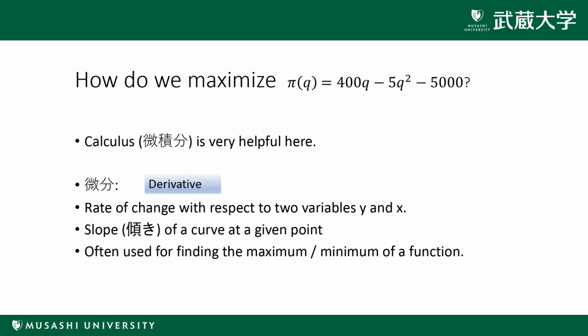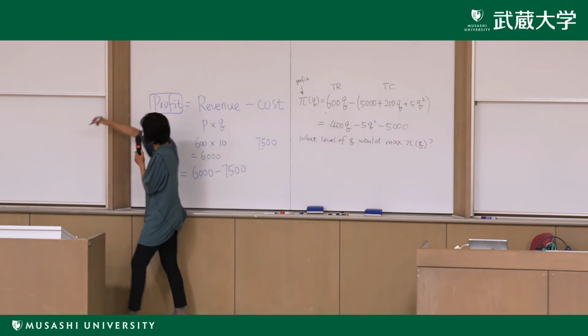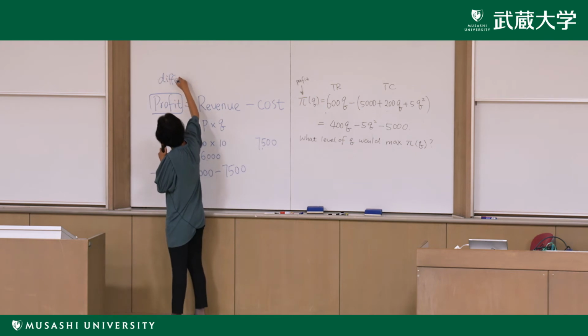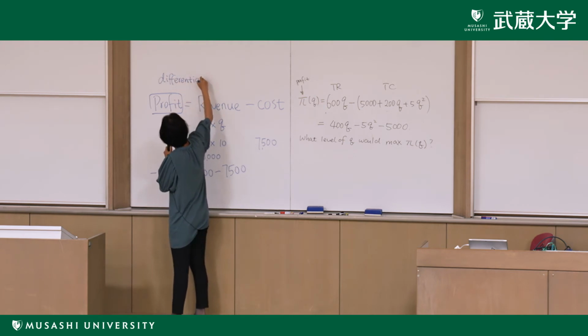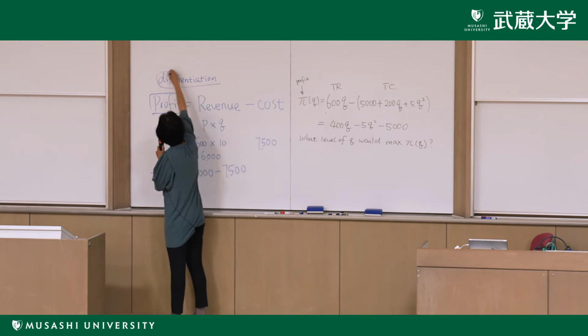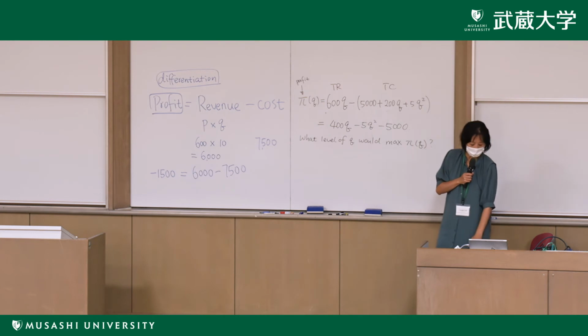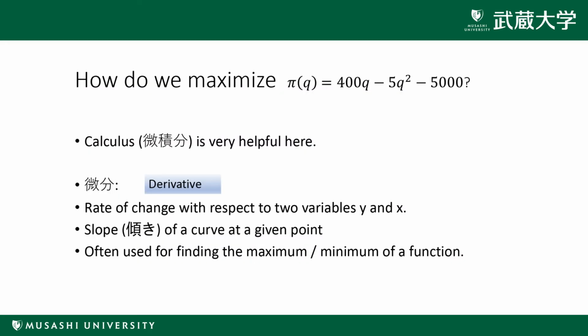There is a word called differentiation, and a more common word you'll see again and again in this course is called derivative. Okay, so derivative of a function, right? That's bibun in English.